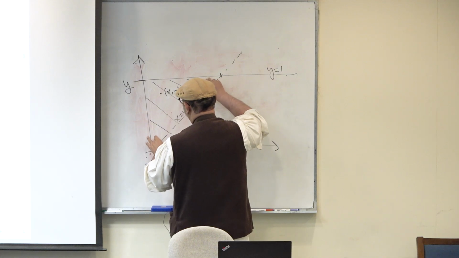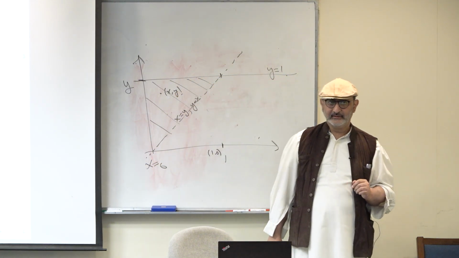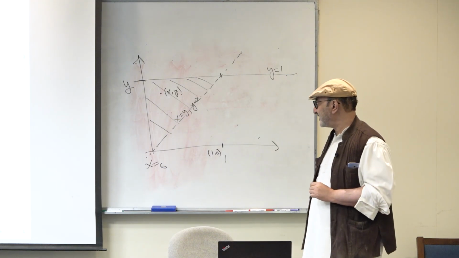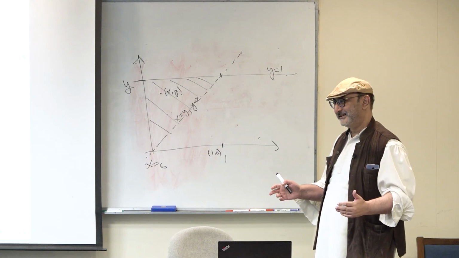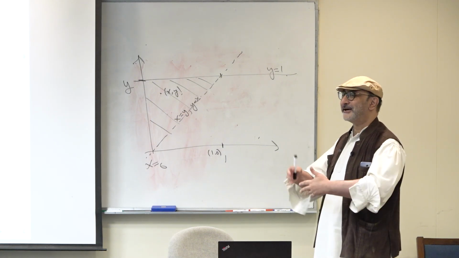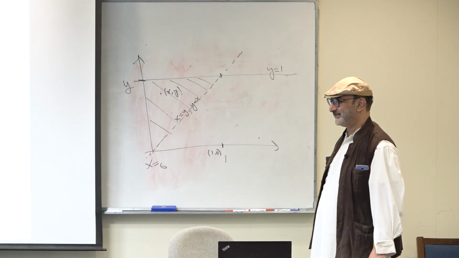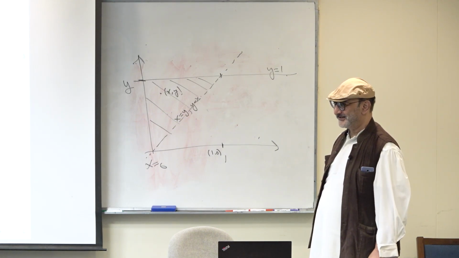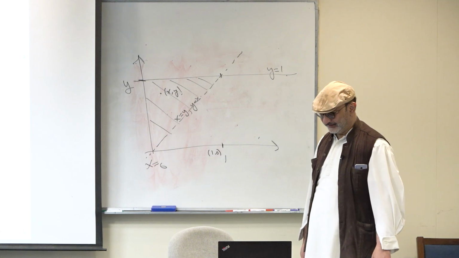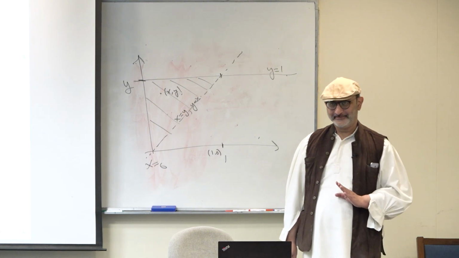So that gives me this triangle. Like I said, that's the hard part of doing double integration. So for both x and y, the limits are 0 to 1. Well, okay. So we'll work out what the limits are in a bit. We'll do the integration. So that's the region that we're talking about.